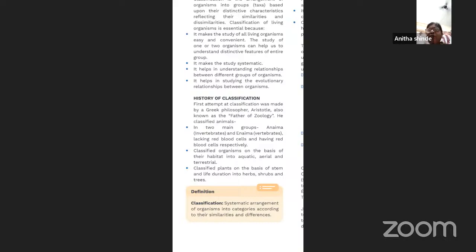This was the first attempt at classification made by him, dividing organisms simply into invertebrates lacking red blood cells and vertebrates possessing red blood cells.